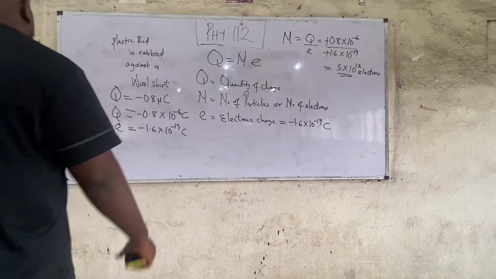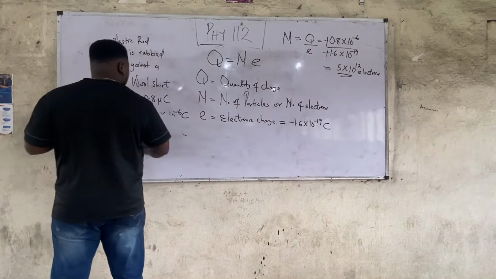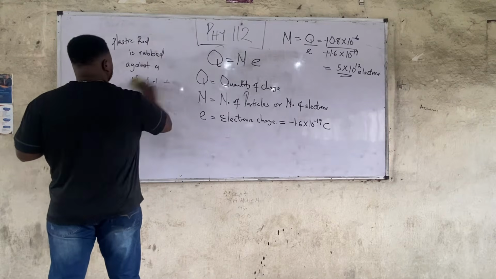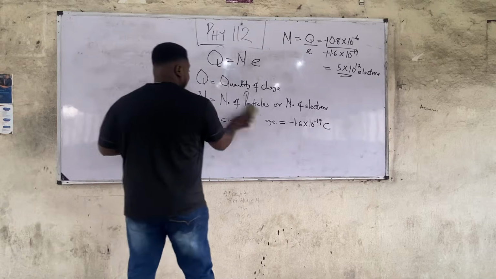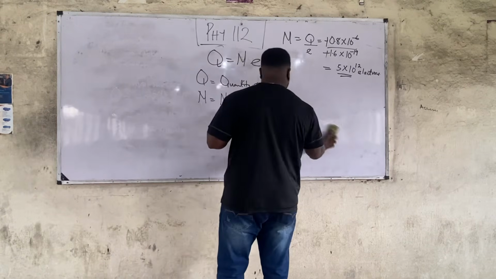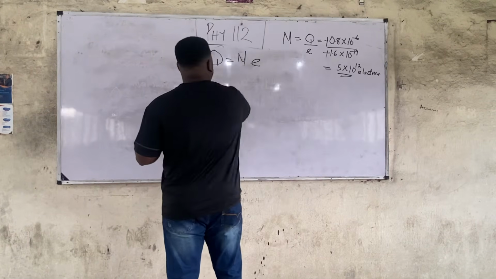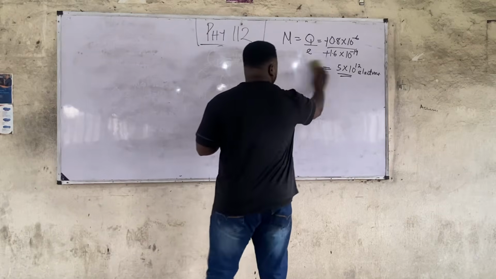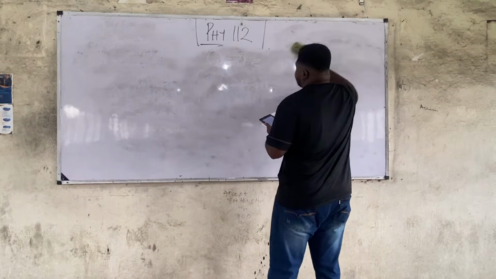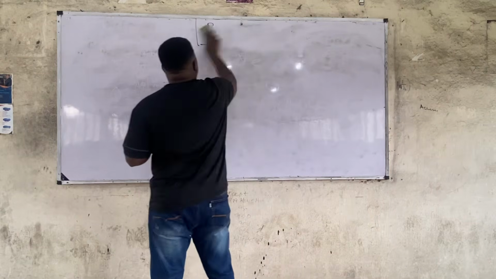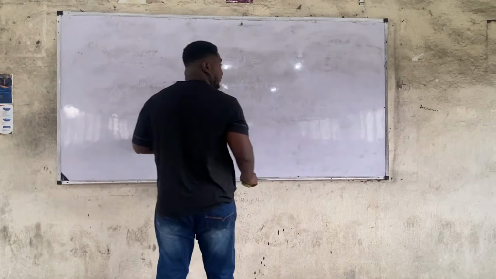A small copper plate has a mass of 3 grams.